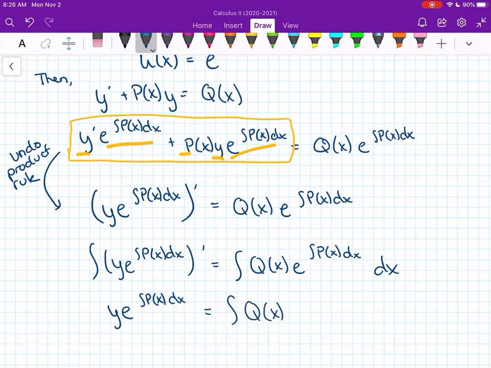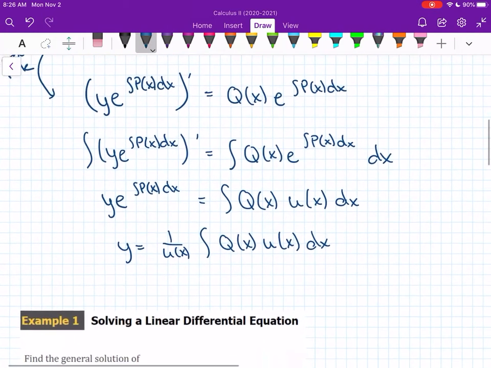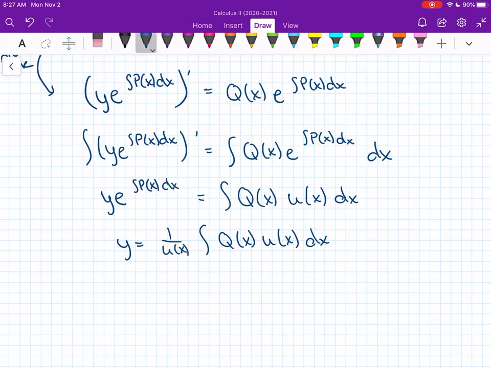And on the right-hand side, I have the integral of q of x times, remember, that's just the same thing as u of x, dx. And then I'm going to go ahead and divide. So I get y equals, and now I have e to the integral, remember that's u of x, so 1 over u of x times the integral of q of x, u of x dx, okay? And so this right here is my general solution.